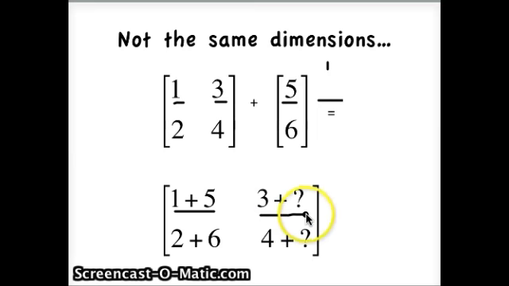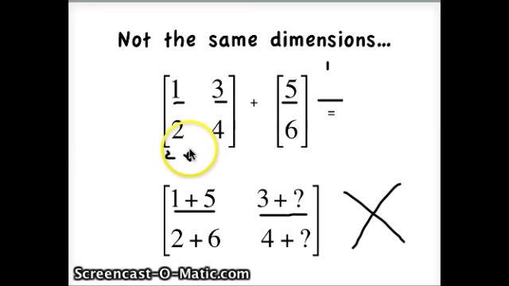Therefore, we have nothing to add 3 to. So this cannot occur. When they don't have the same dimensions, here we have a 2 by 2, and here we have a 2 by 1 matrix. Therefore, we cannot add these. Okay?